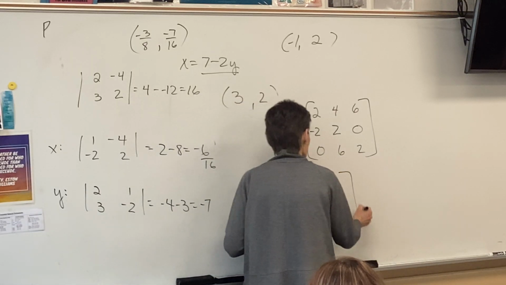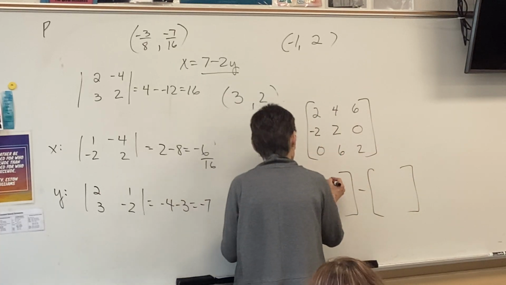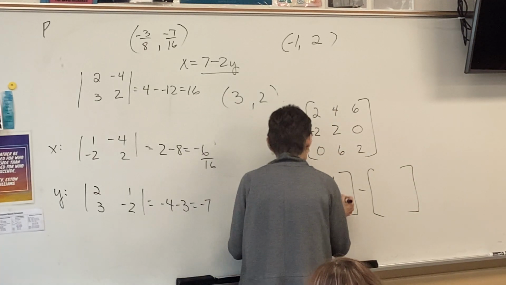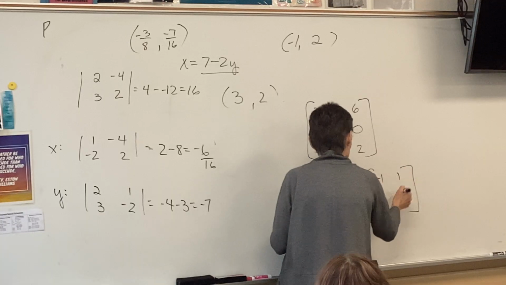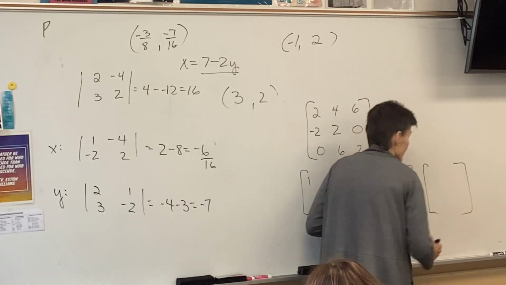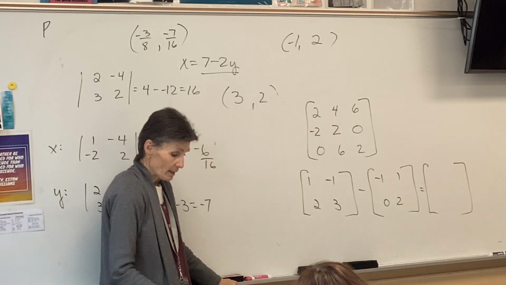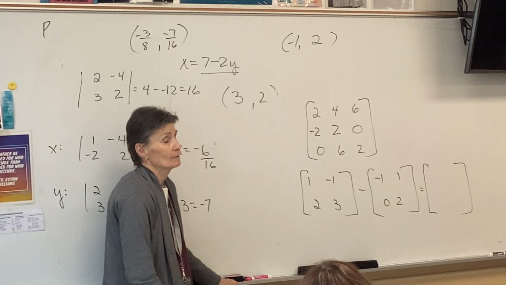B, just subtract them. B minus C. I'm going to subtract them if I can. Can these two be subtracted? Can these guys be subtracted? Yes, because they are the same size. Right? They're the same size?